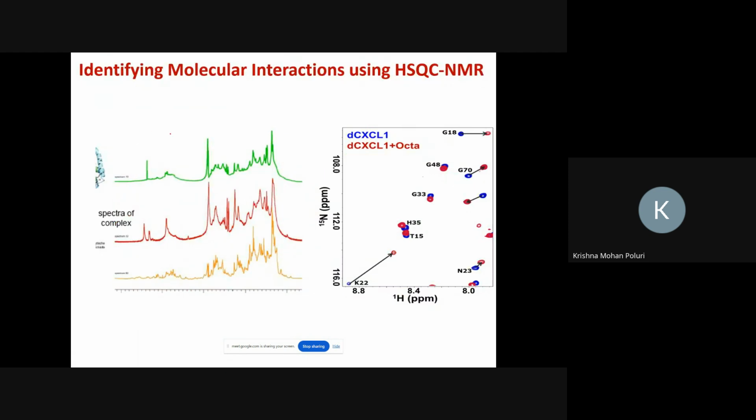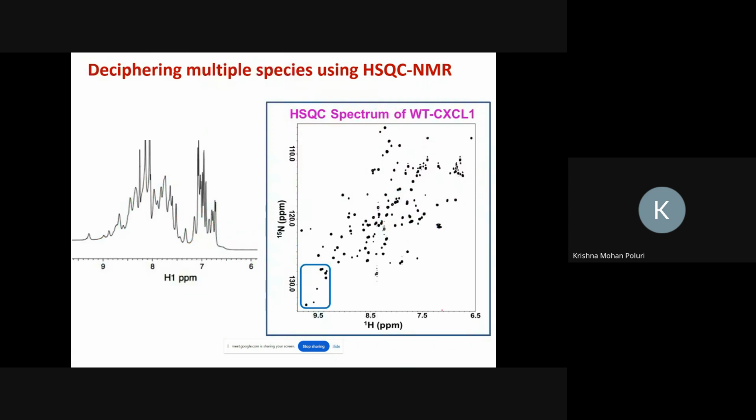Suppose I take a peptide, now every amino acid belongs to a peak. Y-axis is nitrogen, x-axis is hydrogen. You will see a protein like this. Every dot represents an amino acid here. The number of amino acids in a protein is equivalent to the number of dots present.